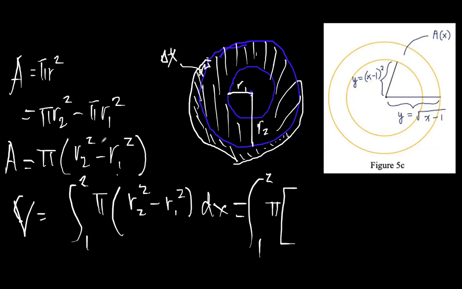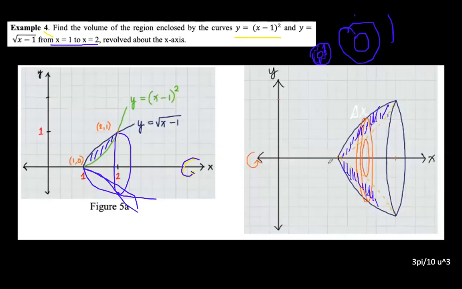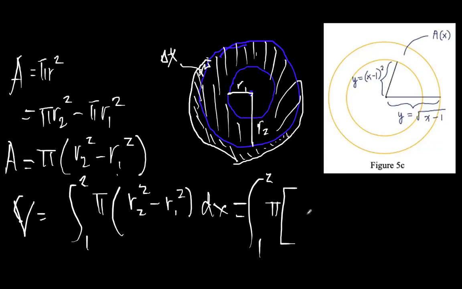Okay, what is R2? R2, ano ba yung pinakamalaki? Pinakamalaki ay parabola. Ano ba yung equation ng parabola? Which is y is equal to (x minus 1) squared. Diba? So that's (x minus 1) squared, tapos square pa natin, kasi radius yan eh. Minus, ano yung maliit?